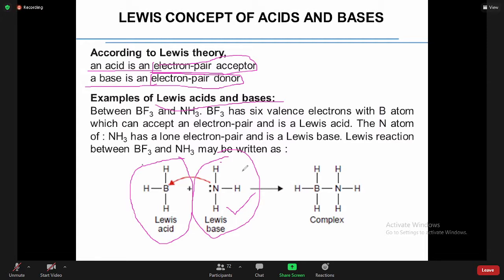You can explain that NH3 can accept a proton, so that's why it can be called a Bronsted-Lowry base, right? And according to Lewis, it is a base because a base donates a pair of electrons and NH3 can donate a pair of electrons to another compound, another molecule or another ion. So according to the Lewis concept, NH3 is also a base, or Lewis base.